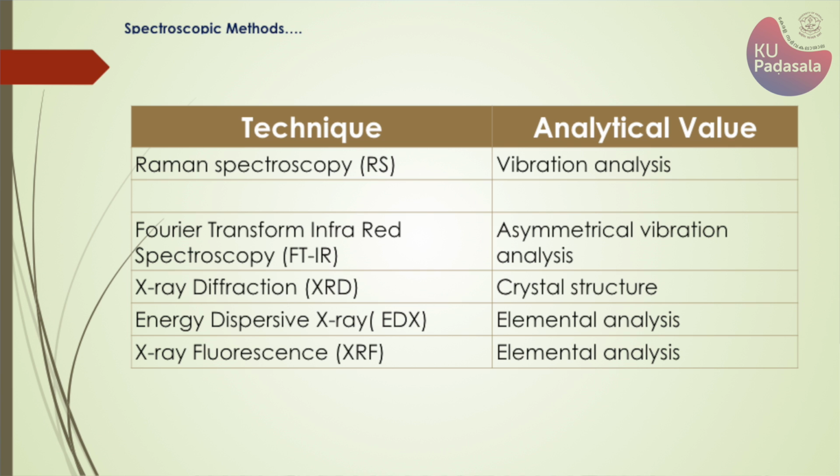Raman spectroscopy also belongs to the spectroscopic methods. It is used for vibrational analysis. Fourier transform infrared spectroscopy is used to find out different types of symmetrical and asymmetrical vibrations.